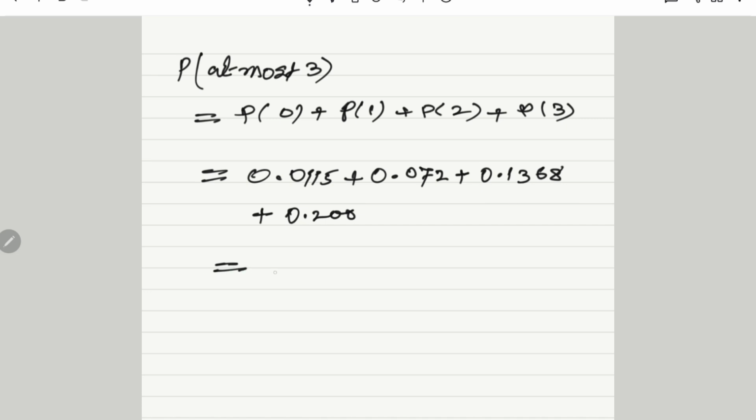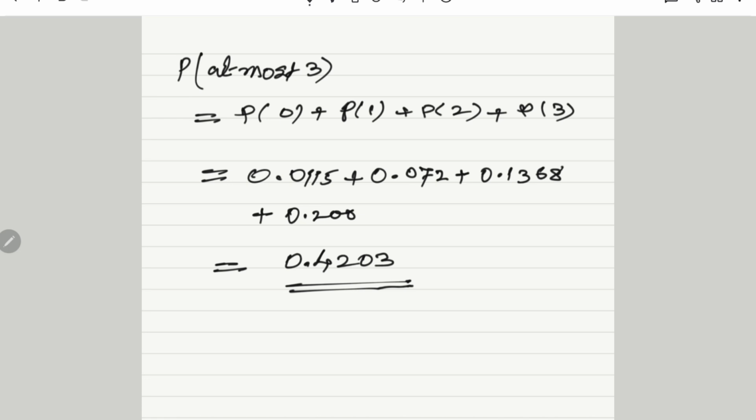If we take the addition of all this, the value is coming as 0.4203. This is the required probability for having at the most 3 screws defective.